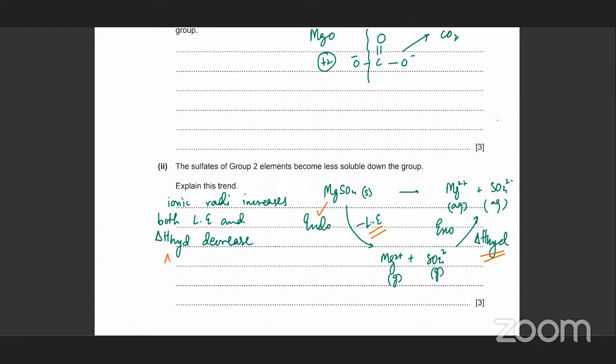So delta H hydration decreases more compared to delta H lattice energy, which is why the overall enthalpy change of solution would become more endothermic, which is why they're becoming less soluble.